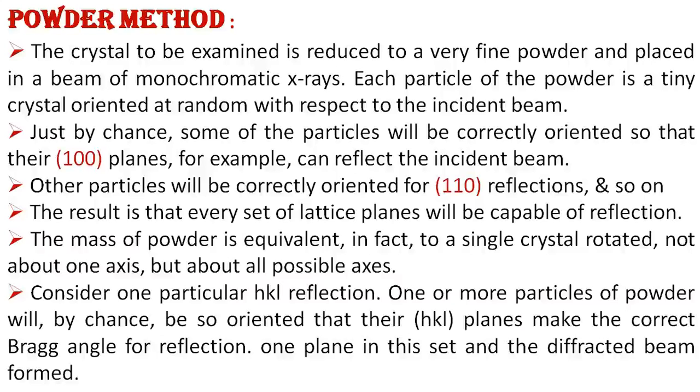The mass of powder is equivalent, in fact, to a single crystal rotated not about one axis but about all possible axes. Consider one particular hkl reflection. One or more particles of powder will by chance be oriented so that their hkl planes make the correct Bragg angle for reflection of one plane in this set, and a diffracted beam forms.